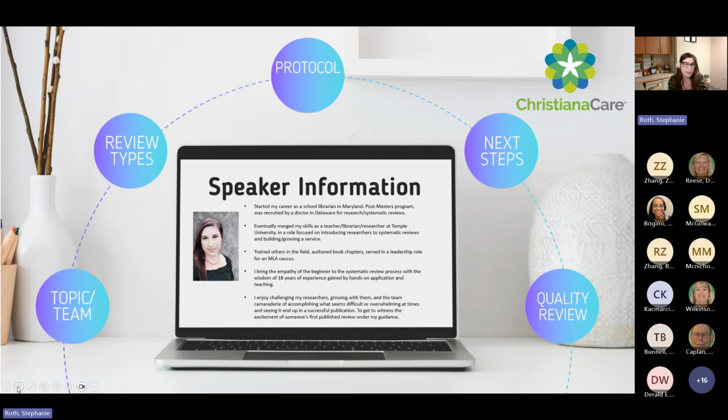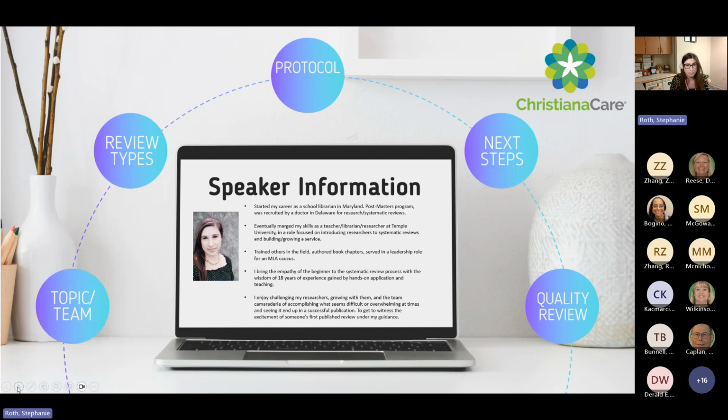I was hired by one doctor after my master's degree, and he was one of the innovators in the field, I feel like, because he saw that connection between the librarian and the researchers with the systematic review process before I knew of any other librarians really talking about it. And there was nothing at the conferences about it that I attended, and there weren't a lot of publications at that time or even training courses for librarians. And that was about 18 years ago.